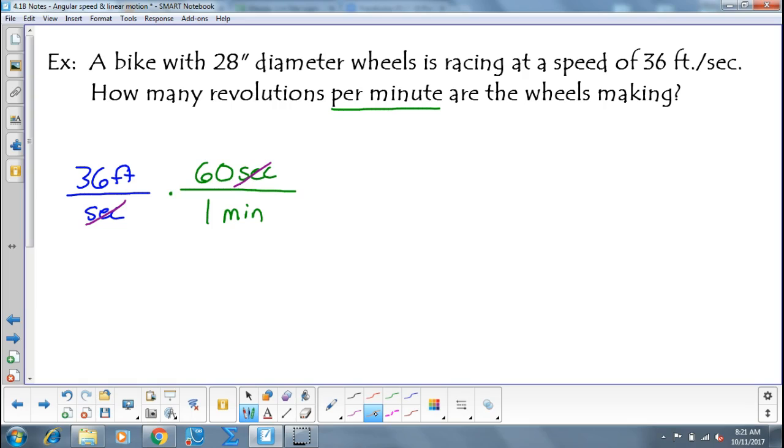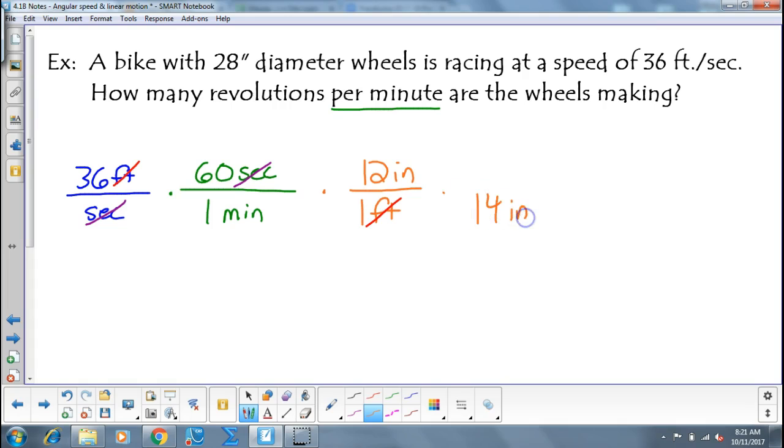Before I can utilize that 14 inches is 1 radian, what do I need to do? I have to convert my feet into inches. So 1 foot is 12 inches. Now feet are gone, and I'm in inches per minute, which I can use.